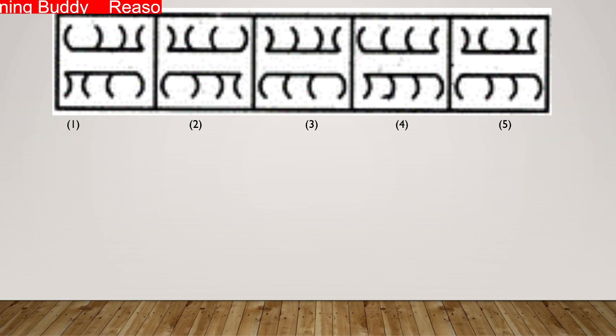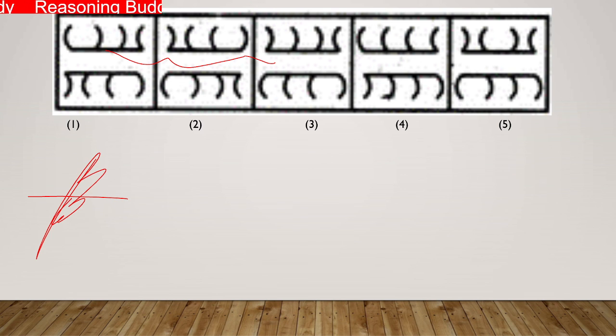Okay, time up. So see here, what is there in these five figures? There is a line segment. The line segment remains the same in all figures, so don't take this. And an arc. You can see there are two figures in one box.